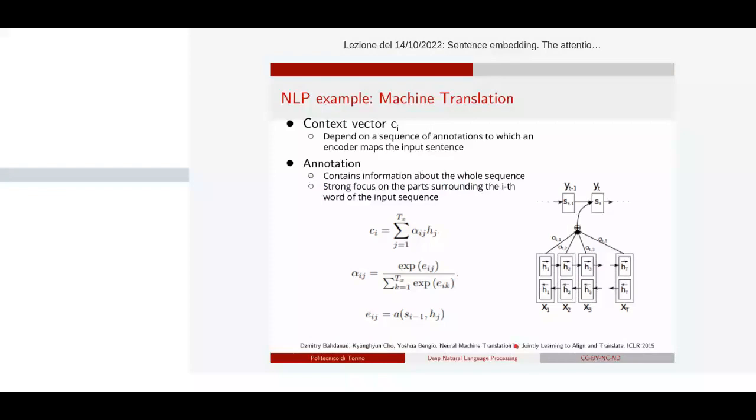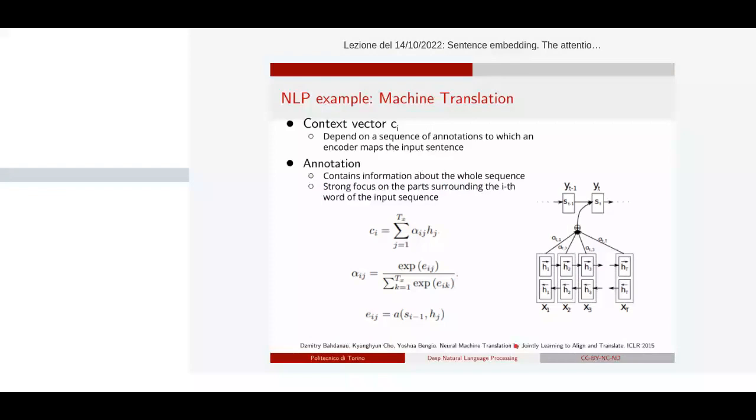I pick those words and I consider them as well in order to improve the quality of my sentiment analysis process. Here, the task is not sentiment analysis, is not machine translation, but the key idea is the same. So the idea is to build a context vector, which depends on the sequence of annotations to which the encoder maps the output.